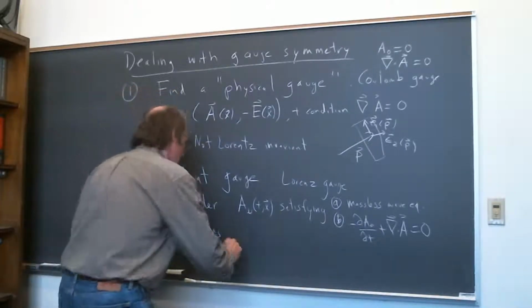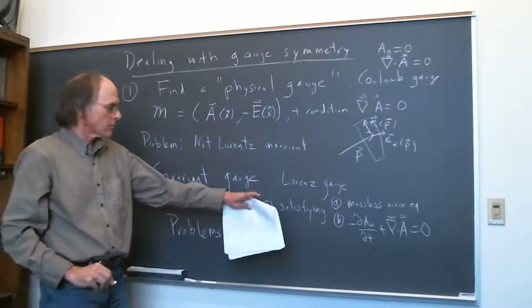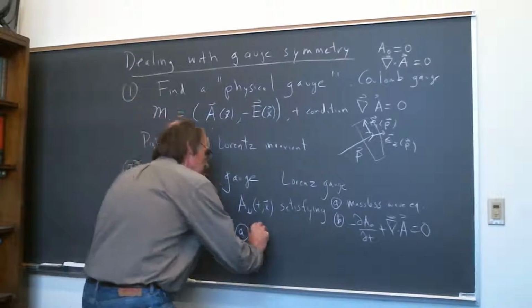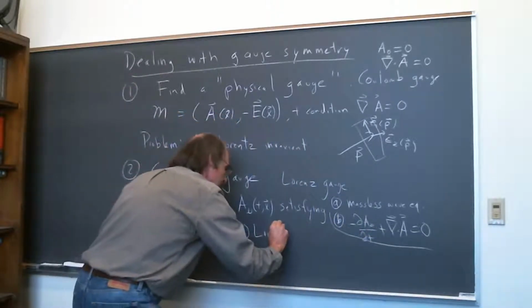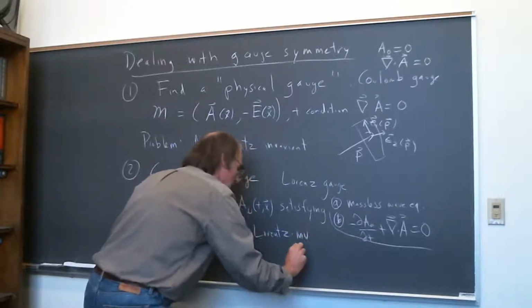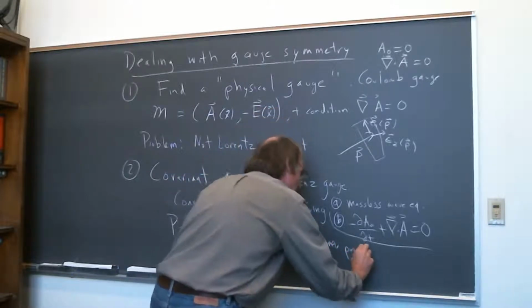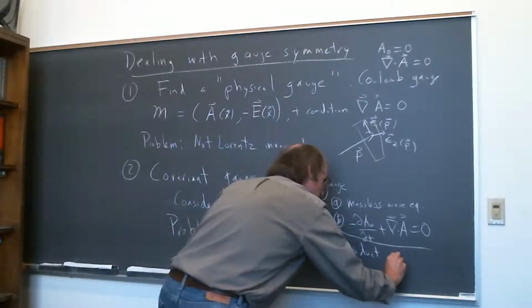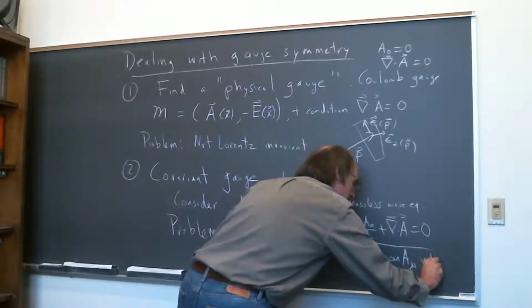One is that the Lorentz invariant inner product on A^μ is not positive.